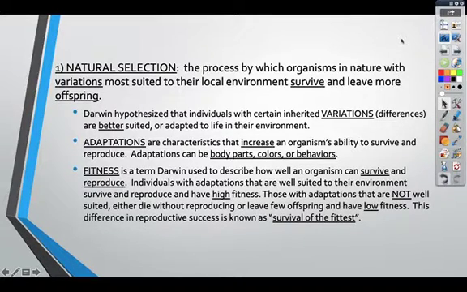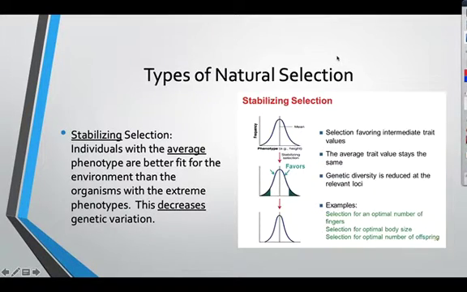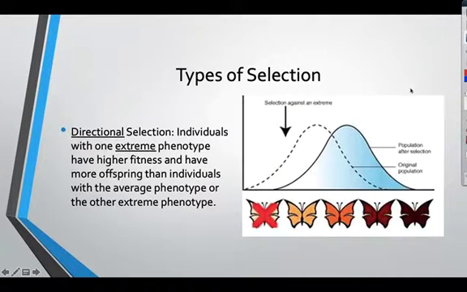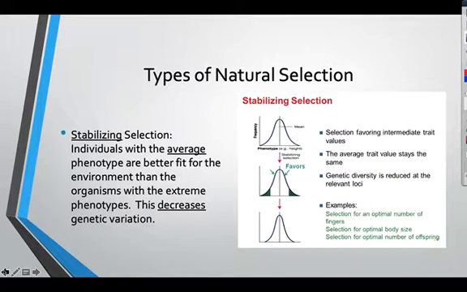Okay. All right. So there are different types of natural selection. There's 3 types. There's stabilizing, directional, and disruptive. And if you look at the words, it kind of gives you a hint as to what each one is. Stabilizing. Let's go back here. Okay.